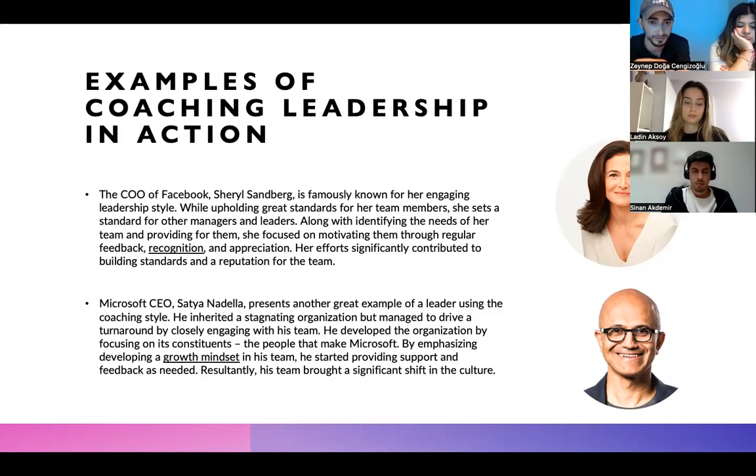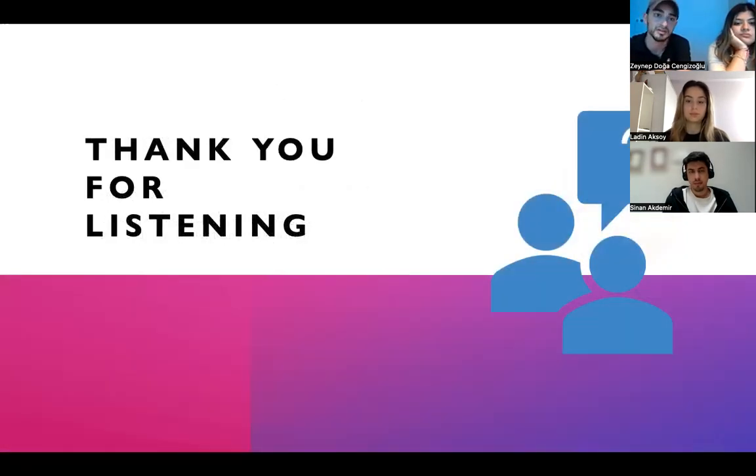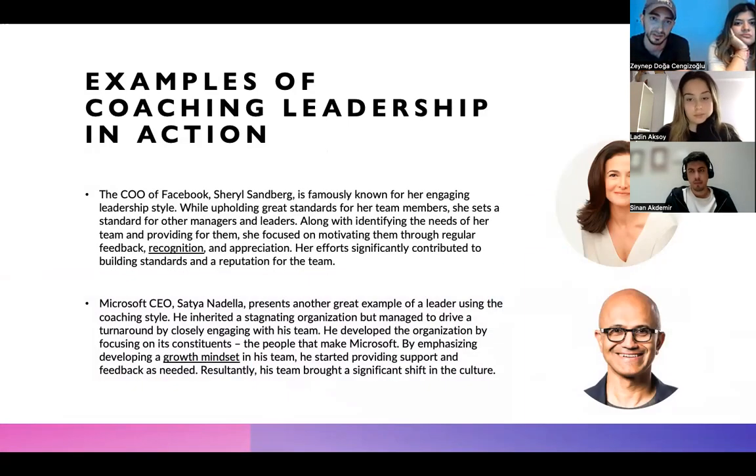So, to continue, he developed the organization by focusing on its constituents, the people that make Microsoft, by empathizing and developing a growth mindset within the workplace, within his team. He started providing support and feedback as needed. Resultantly, his team brought a significant shift in the culture, which is mostly because of the leadership technique he conducted.